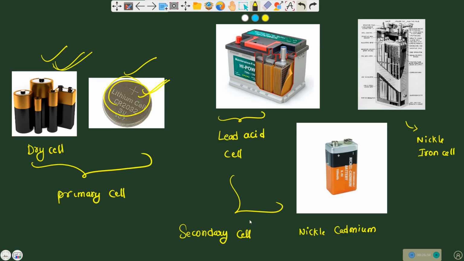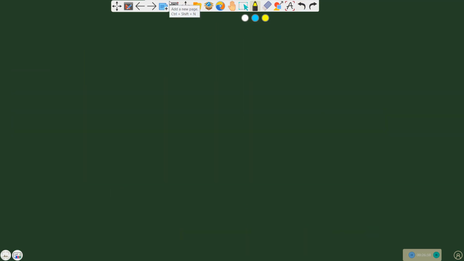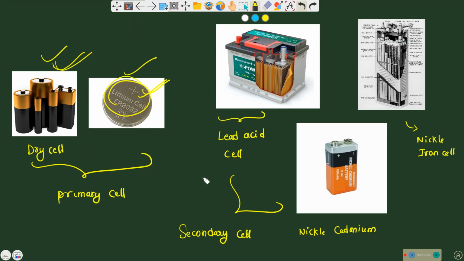Understood? Before going further, let me tell you one thing. These are some popular cells. A dry cell will have an internal resistance of 0.2 to 0.3 ohm.